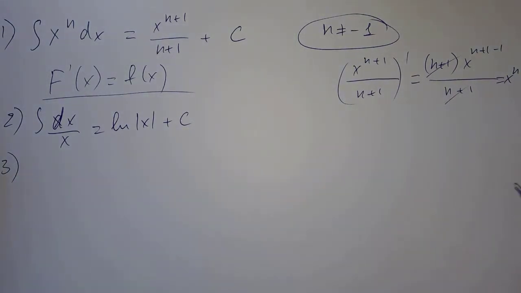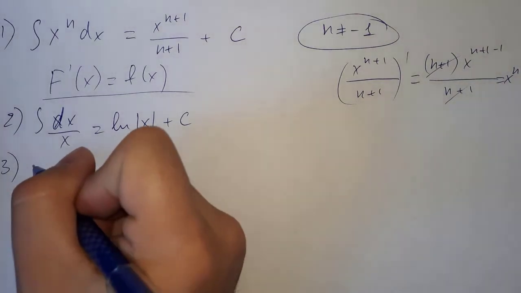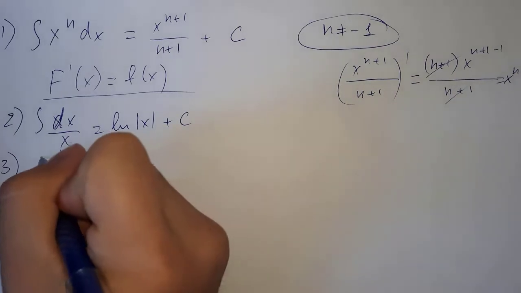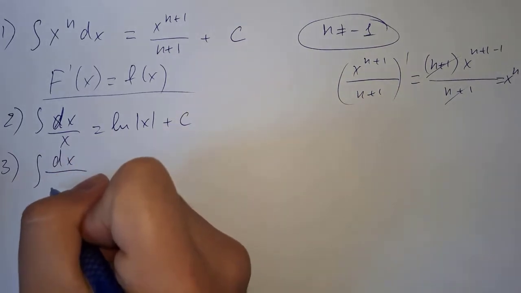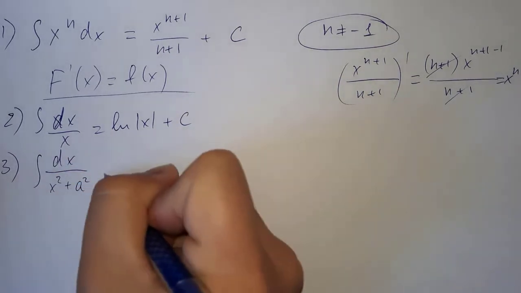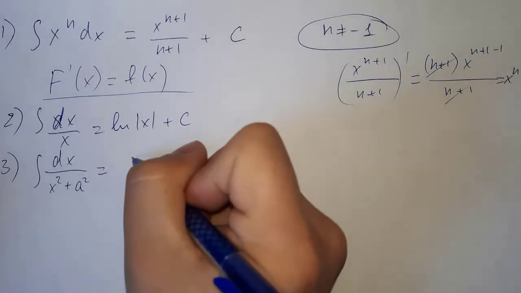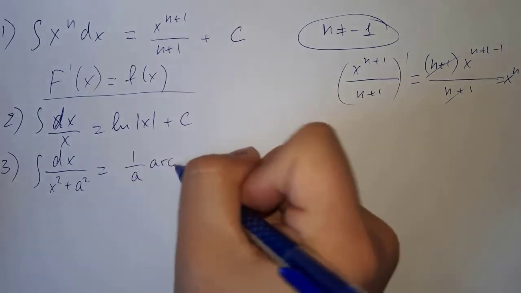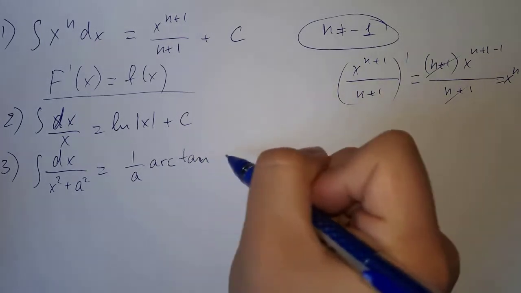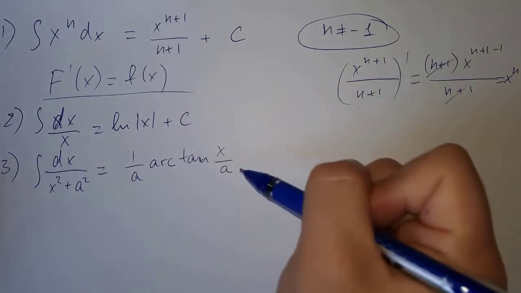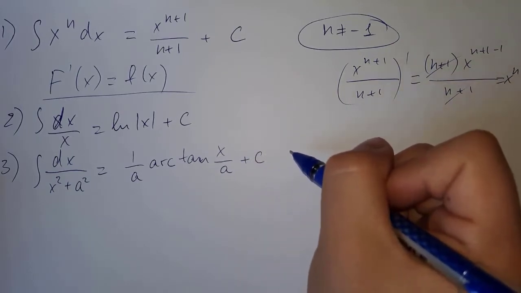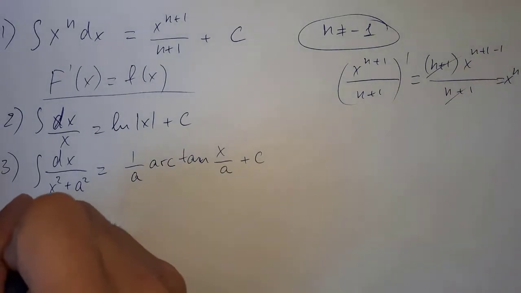Okay, now let's do the integral dx over x squared plus a squared. This is 1 over a times arctangent of x over a, plus c. So next one, number 4.